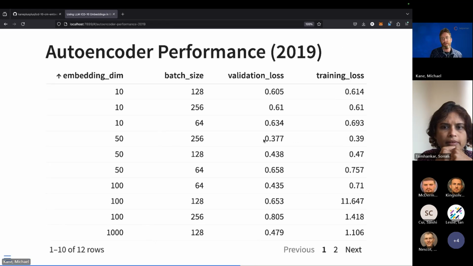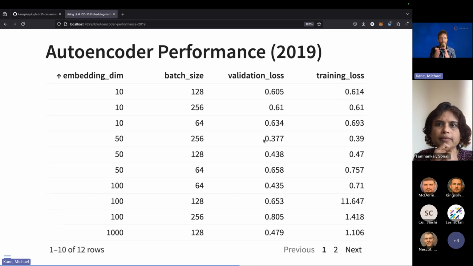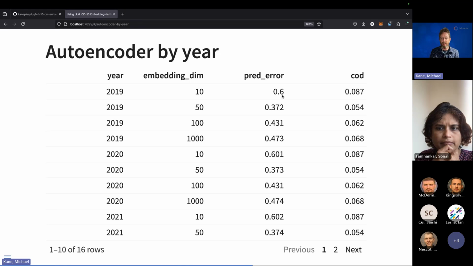The bottom line with this is that we're able to do this compression. We can see that the validation loss is relatively small, in what we expect for the embedding values.